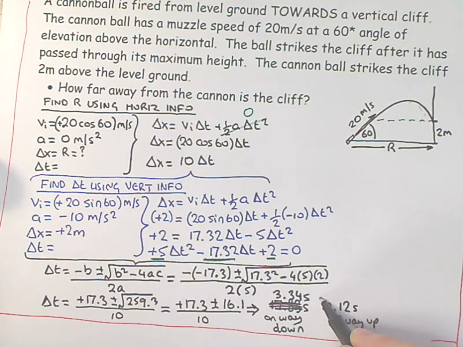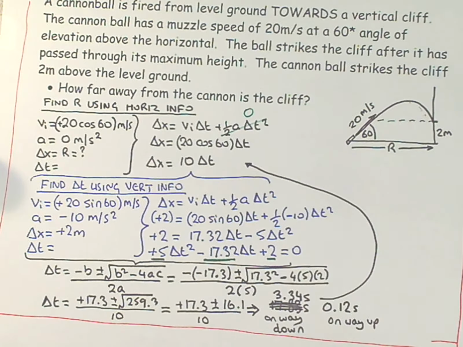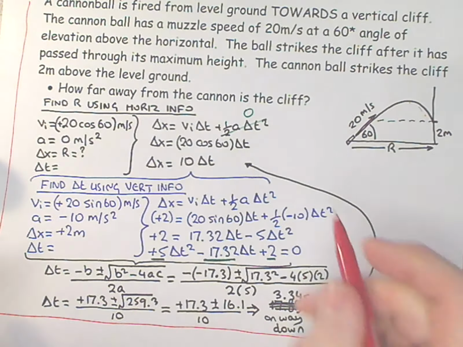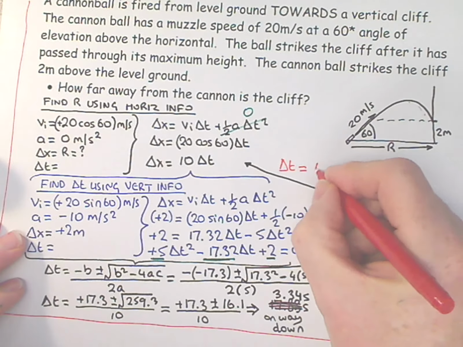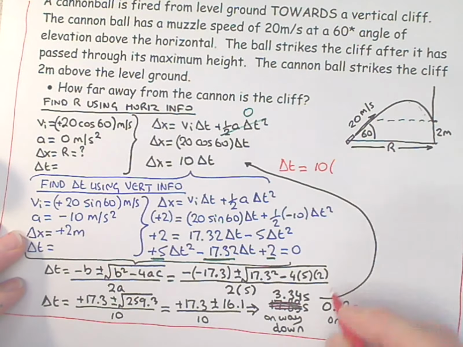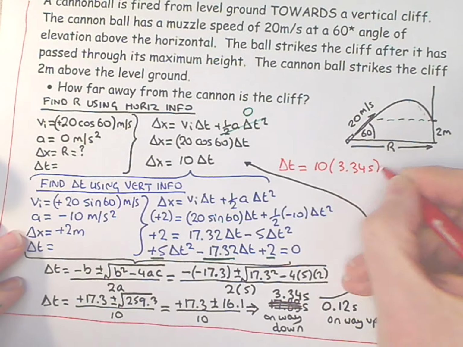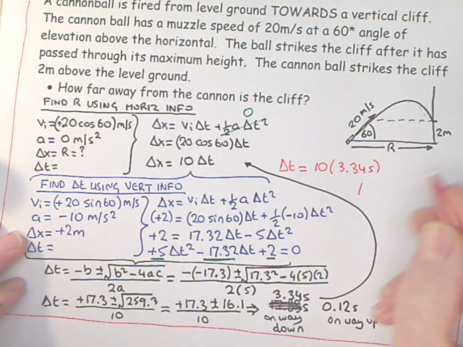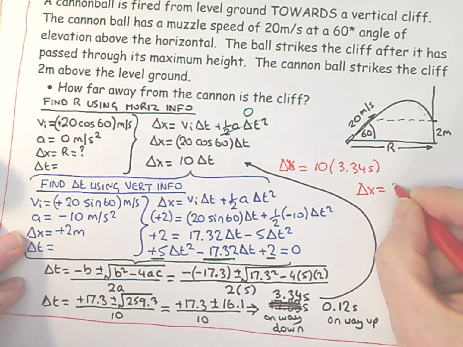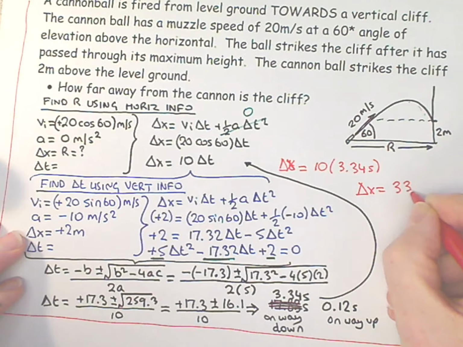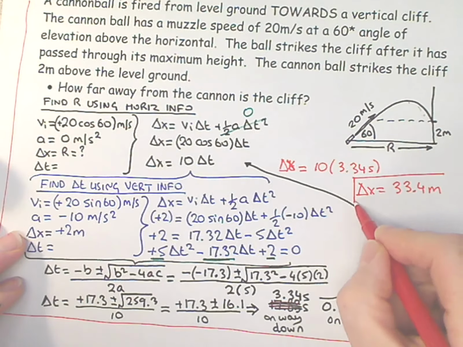You can take this one and bring it back to there. Let's do this bit in red. So delta x is equal to 10 times 3.34 seconds, so delta x is equal to 33.4 meters. There's your answer.